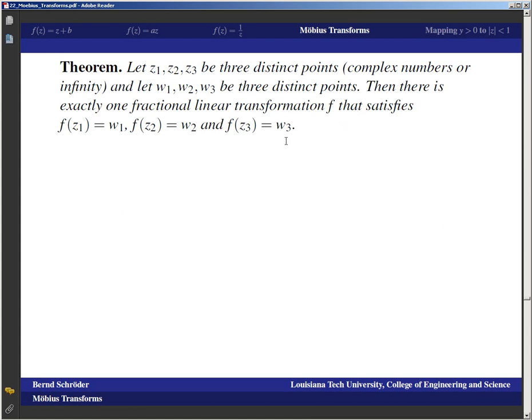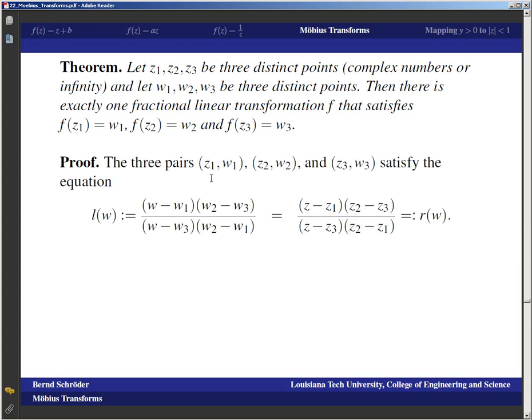So that means that a Moebius transform is uniquely identified by what it does to 3 distinct points. This is very similar to results that you may have seen in pre-calculus that say that a quadratic function, for example, is also determined by what it does to 3 distinct points. It's just that these things are not quadratic functions.